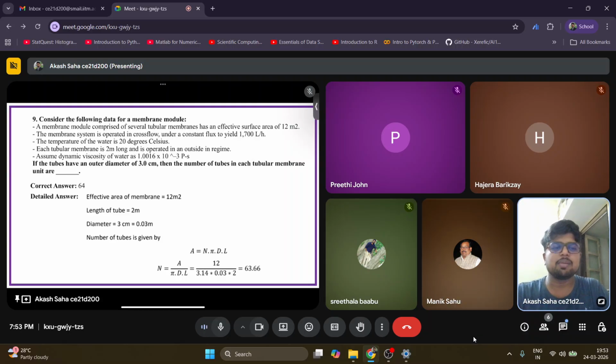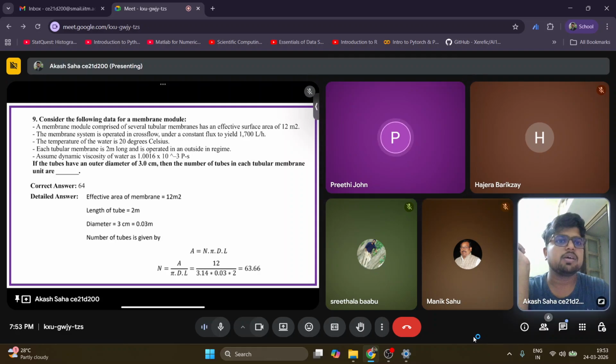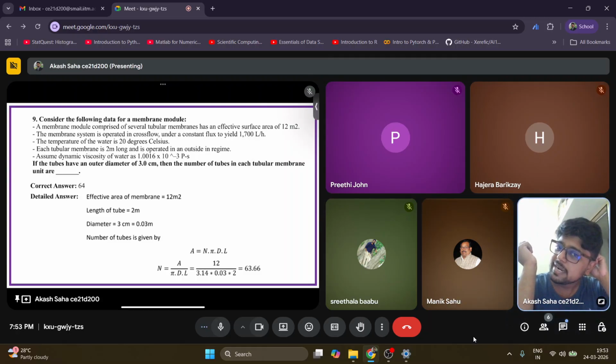So can someone tell me what is flux? Flux is the volume of liquid that will pass through a surface area in a particular time, per unit time. Here, the constant flux is given in liters per hour.